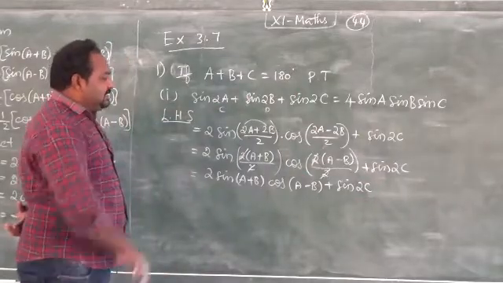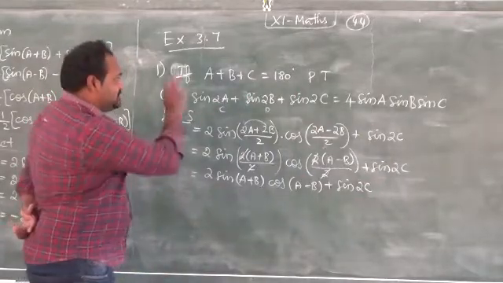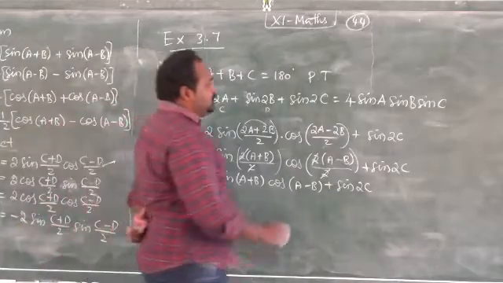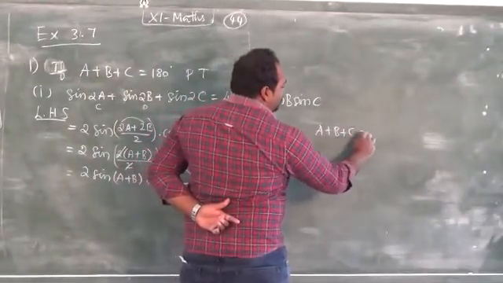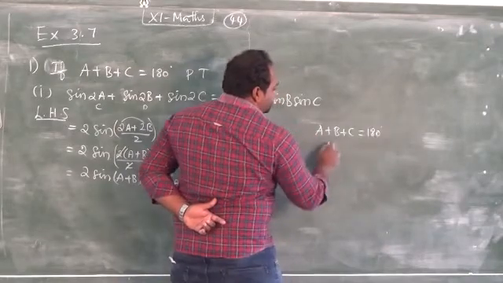Next, I am going to use the condition which is given in the book: A plus B plus C is 180 degrees.